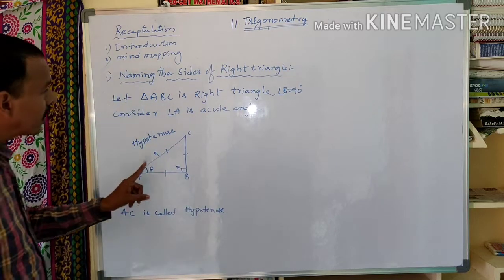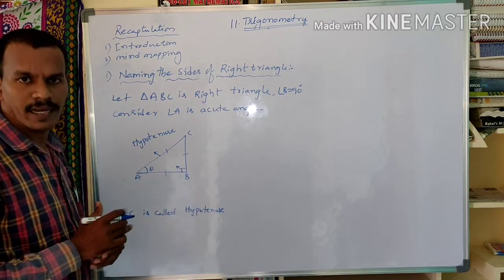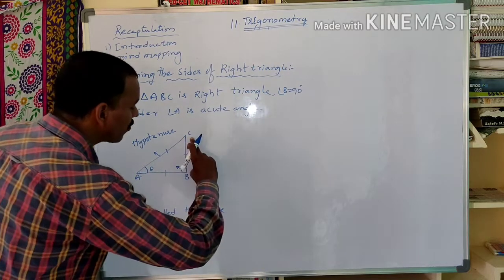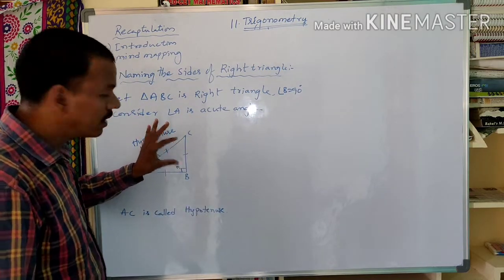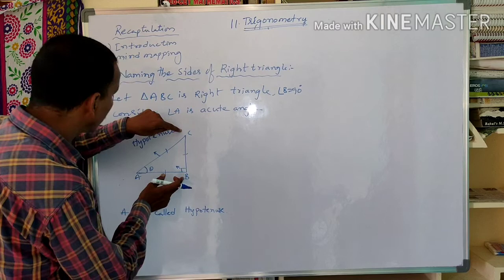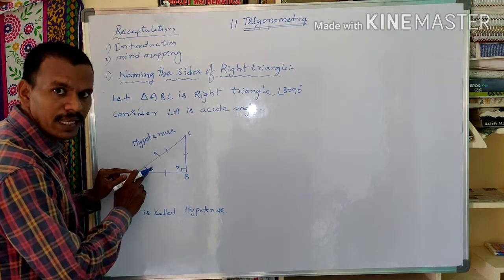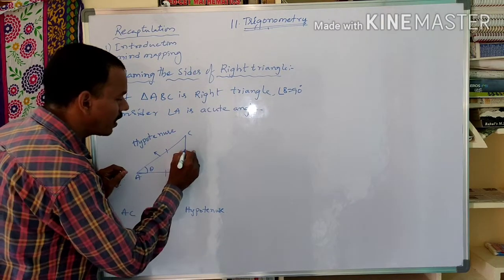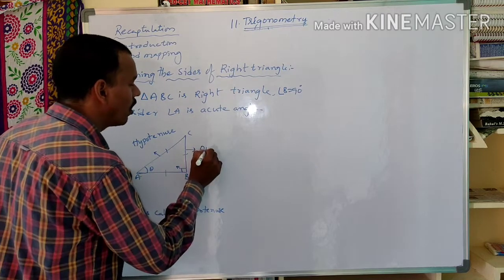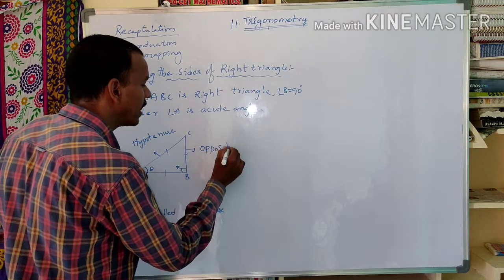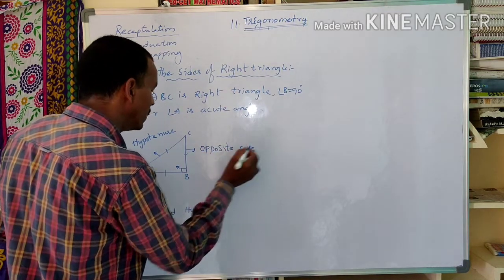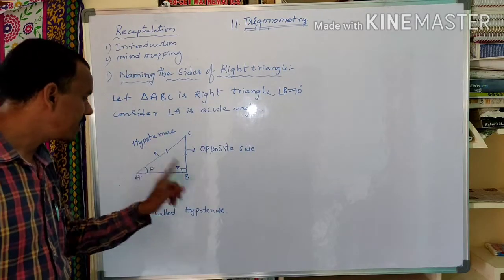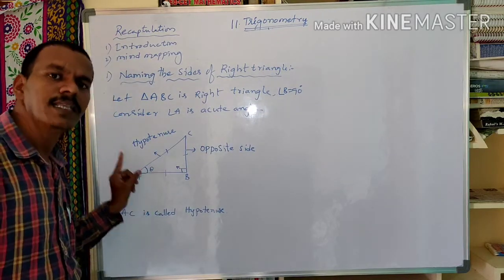Next, we consider angle A as an acute angle. What is the position of BC? It is opposite to angle theta.